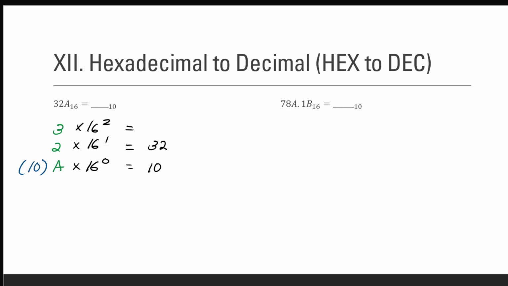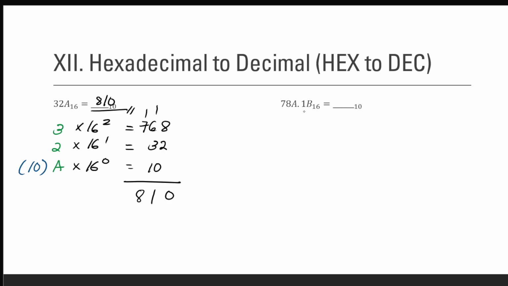Okay, times 3, that will give us 768. So adding all terms, no, so we have 8 plus 2, that is 10, carry 1. We have 1 plus 6 is 7, plus 3 is 10, plus 1 is 11, carry 1. So 7 plus 1 is 8. No, so therefore we have our answer, 810 base 10, no, for our decimal conversion ng ating hexadecimal number.